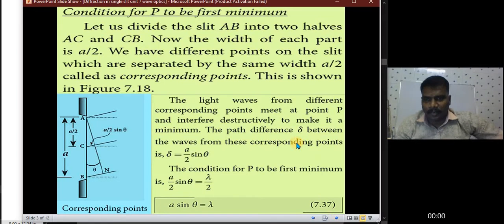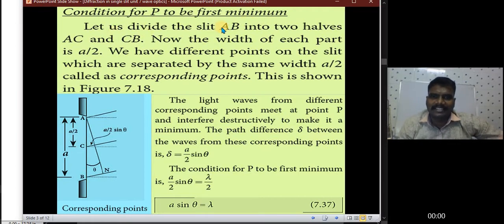The next important point, a very important point, is the condition for P to be the first minimum. Minimum means destructive interference. Destructive means dark fringes are formed on the screen.